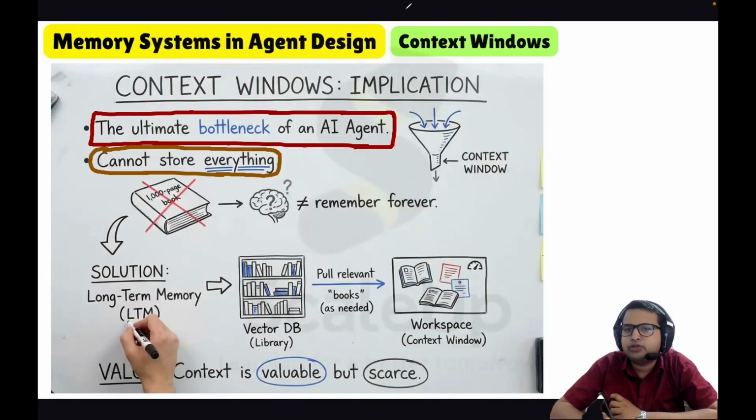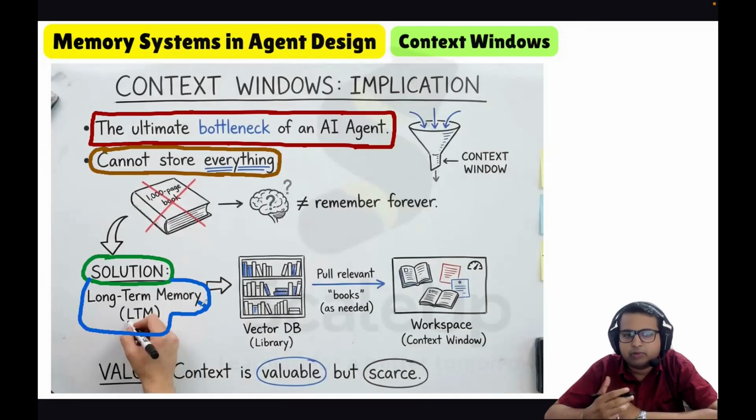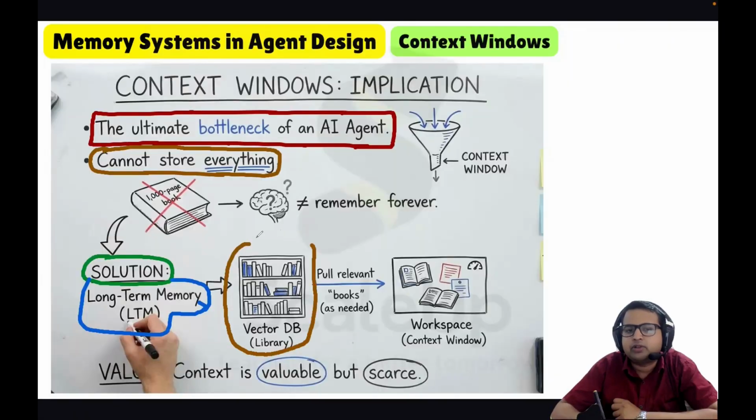So what's the solution? The solution is long-term memory. Long-term memory is something like a permanent database, an external memory, permanent storage. We have to make use of a long-term memory like a vector database, and this long-term memory can store the information forever.